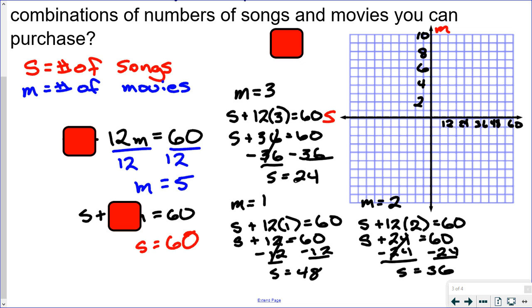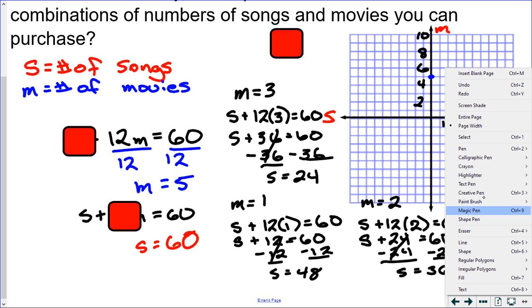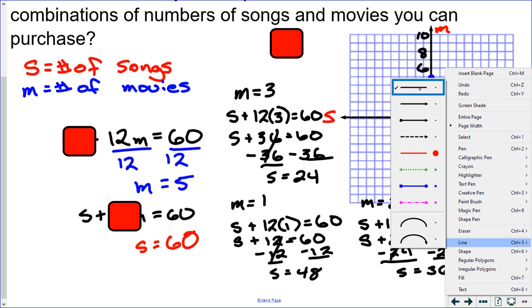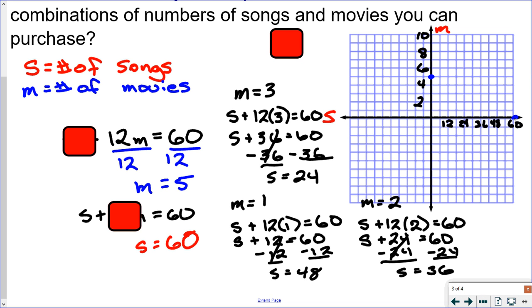Okay, so let's graph that again. So the m-intercept was at 5, so that was right there. And the s-intercept was at 60, that's right there. Let's see if I can get a good straight line on here, starting from here and going to there.